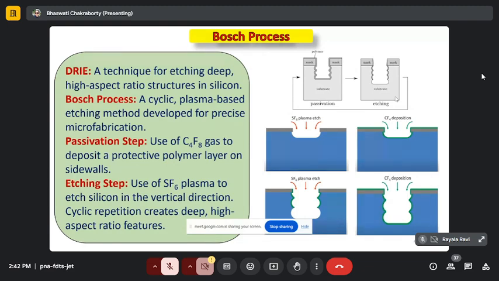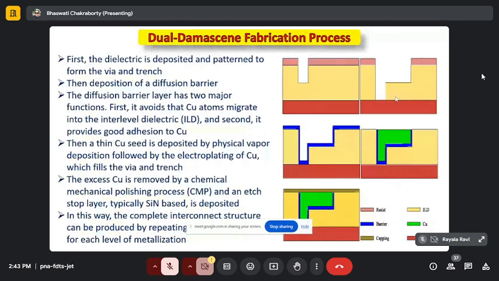Repetition of these two steps, passivation and etching, results in a deep via or any sort of high aspect ratio etch recipe.